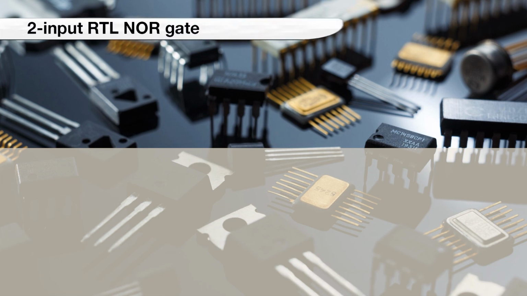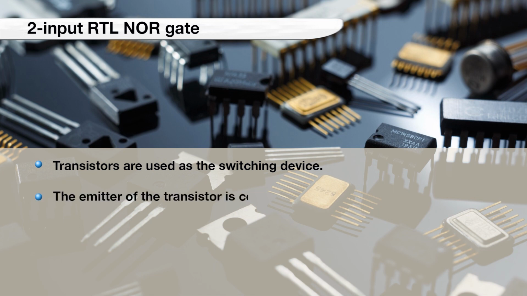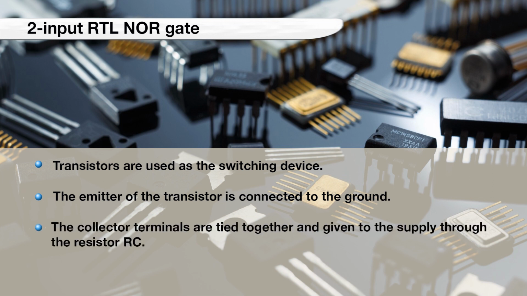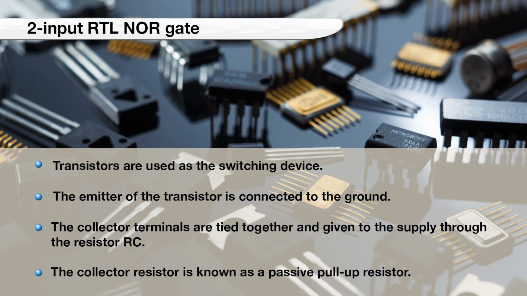In the two input RTL NOR gate, transistors are used as the switching device. The emitter of the transistor is connected to the ground. The collector terminals are tied together and connected to the supply through the resistor RC. The collector resistor is known as a passive pull-up resistor.